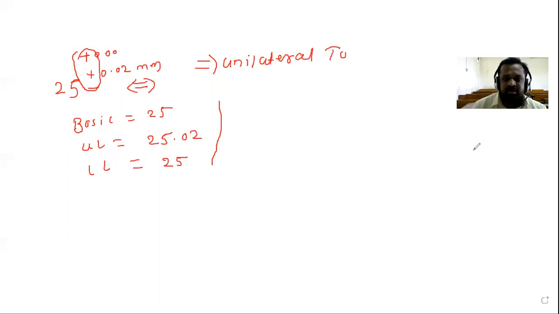Then please tell me the next example. Suppose I take the next example: 25 minus 0.01 minus 0.02.